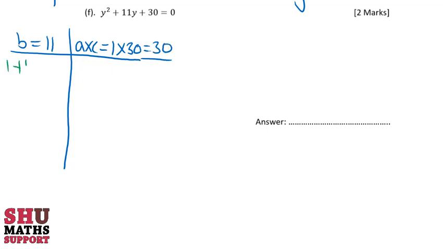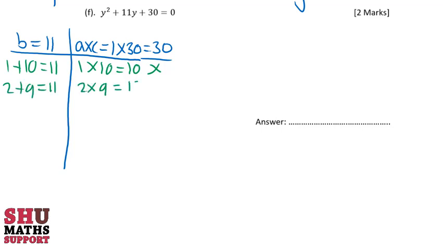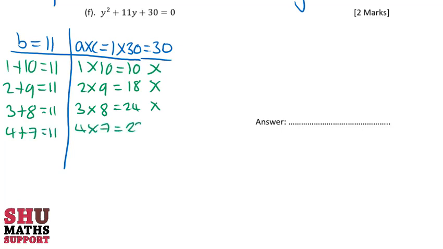If we have 1 plus 10 is equal to 11, but 1 times 10 is equal to 10, and we don't need that. 2 plus 9 is equal to 11, and 2 times 9 is equal to 18, so that's no good. 3 plus 8 is equal to 11, and 3 times 8 is equal to 24, so that's no good. And 4 plus 7 is equal to 11, and 4 times 7 is equal to 28, so that's no good. And then 5 plus 6 is equal to 11, so 5 times 6 is equal to 30, finally, so that's the one we want.